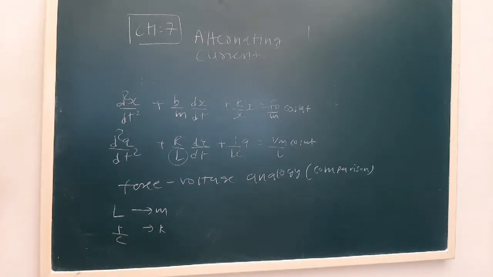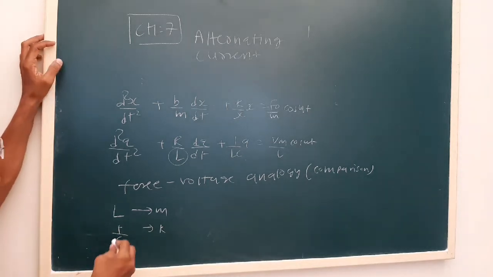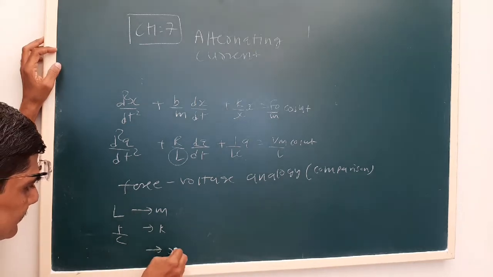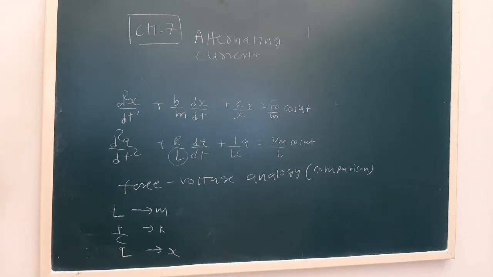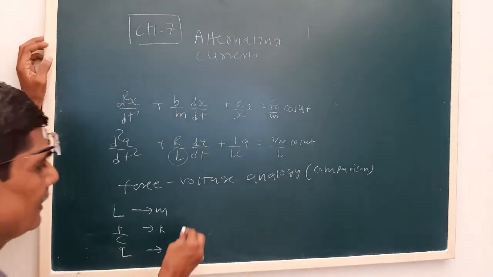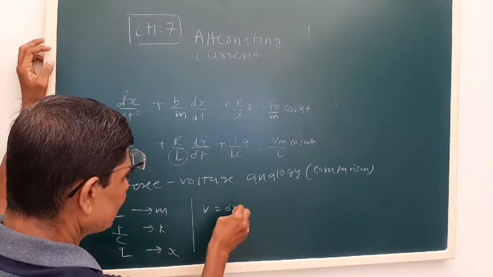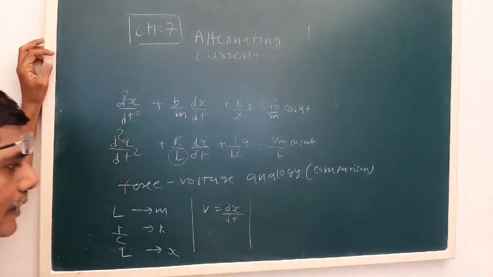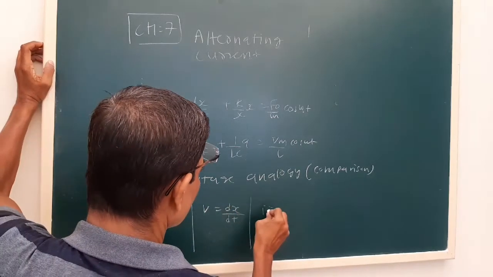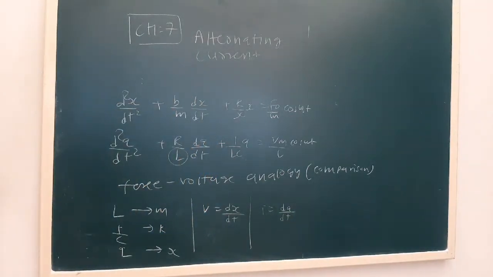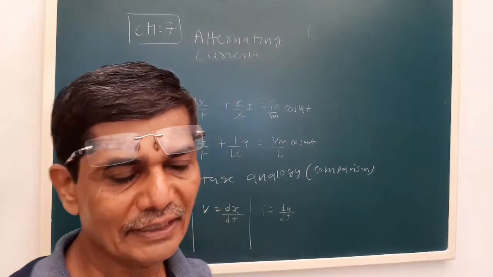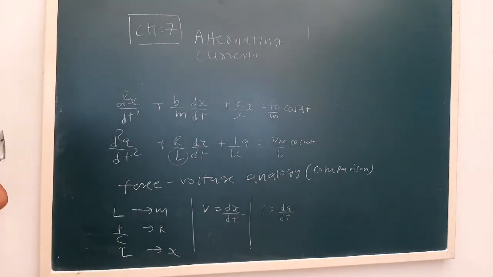Then see here, x is a displacement, and we have got charge q. There is a relation. Now velocity is dx by dt, and then I is equal to dq by dt. Now see, the total energy in the mechanical system is the sum of the potential and kinetic energy.